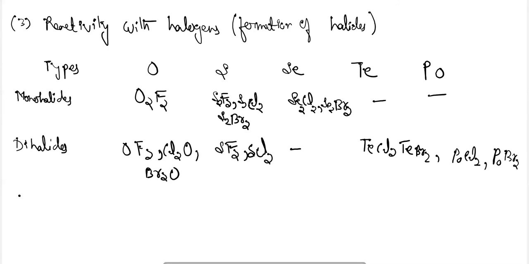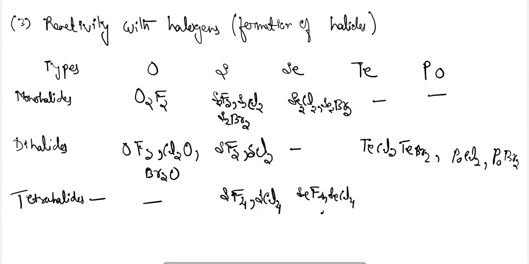Next, tetrahalides. Oxygen does not form any tetrahalides. Sulfur can form tetrahalides with fluorine and chlorine. Selenium can form tetrahalides with fluorine, chlorine, and bromine.